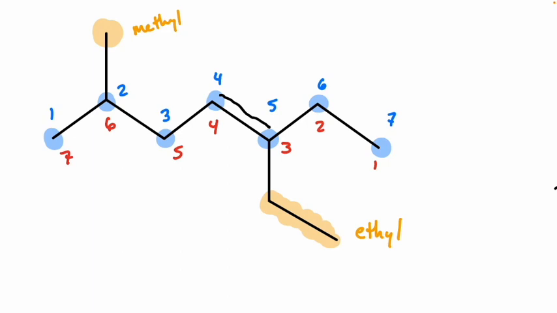I don't care about the methyl group. I don't care about the ethyl group. The only thing I care about is making sure that the double bond gets the lowest possible number. If I was looking at the methyl group, I would want to pick blue, but again, we're not going to pay attention to the methyl group. Our double bond gets priority, so we're going to go with the red numbering scheme.